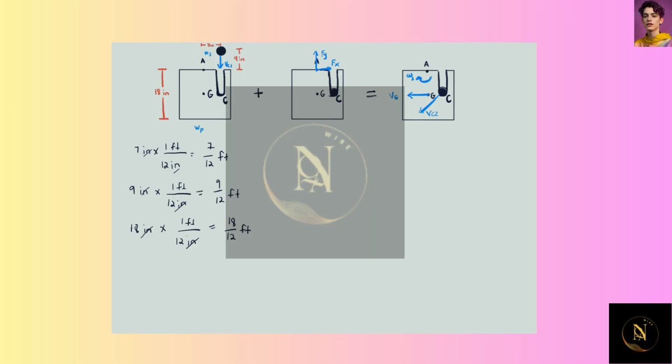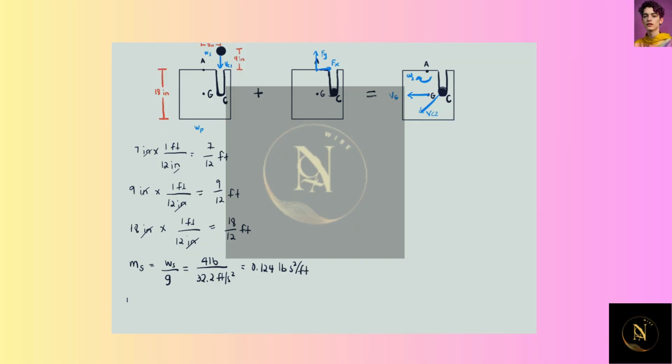Solving for the mass of the sphere, ms equals the weight of the sphere over the acceleration due to gravity. That's 4 pounds divided by 32.2 feet per second squared, which is equal to 0.124 pound second squared per feet.